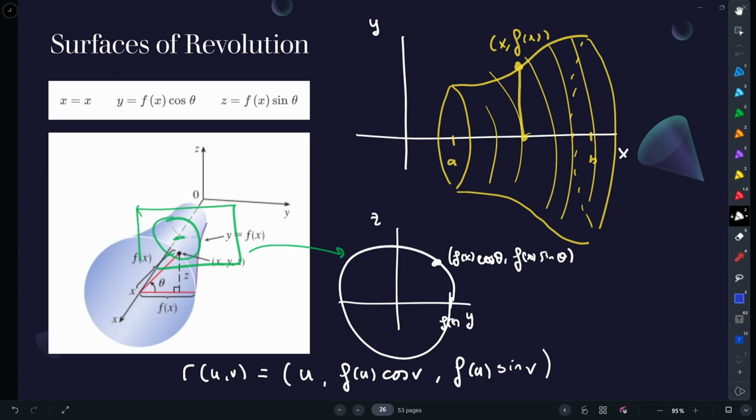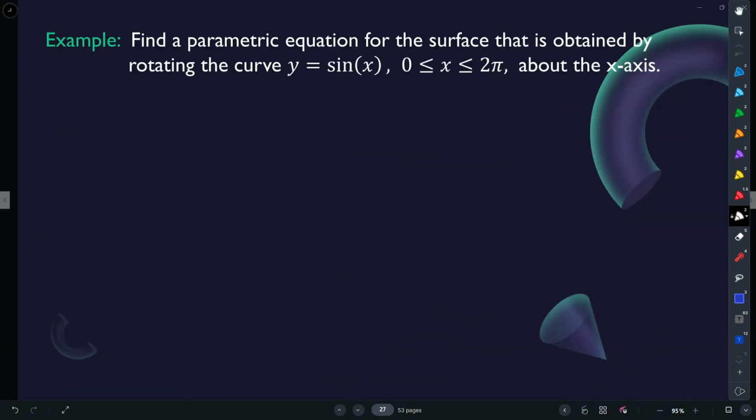Typically, the parameter space u will be between something and something, and v, which corresponds to theta, to get a full revolution goes from 0 to 2 pi, but if you're only doing a quarter, then you would go from 0 to pi over 2, or some other range. Okay, so those are the surfaces of revolution.